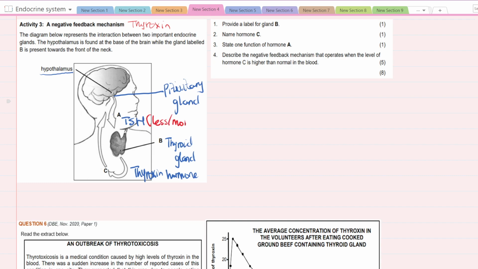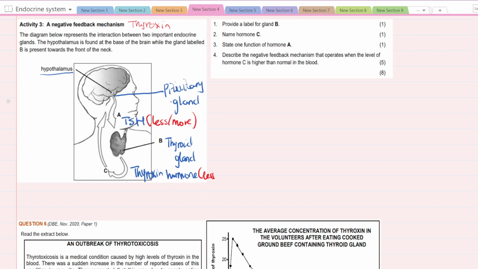Now, one other thing that I want to make you aware of is that you must speak of less or more. If less TSH is released, it will stimulate the thyroid gland to secrete less thyroxine hormone.